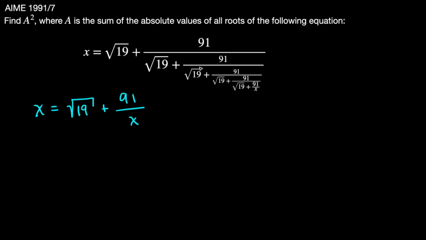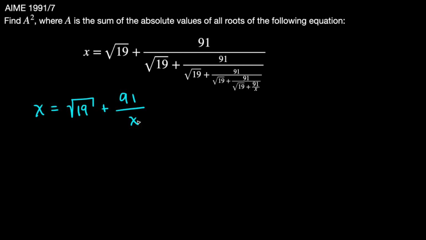This is a substitution, right? Because we saw that an infinite version of this, instead of x here, would just continue on and on. If we substituted that entire part for itself back again, which is x, we would just get x is equal to root 19 plus 91 over x. So make sure you understand why that substitution worked.